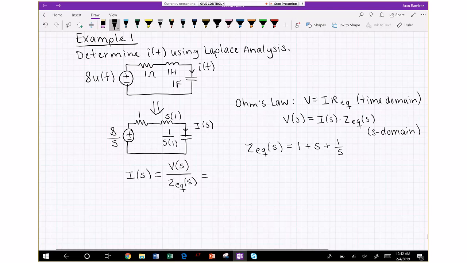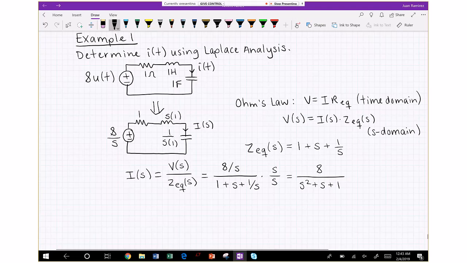That voltage is equal to 8 over S. The equivalent impedance is 1 plus S plus 1 over S. I don't like having that 1 over S in the denominator, so I'm going to multiply top and bottom by S. And we end up with 8 over S squared plus S plus 1.